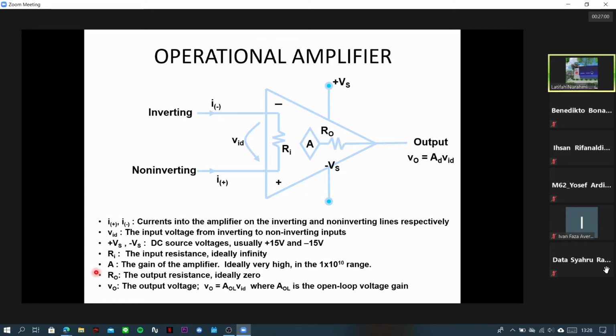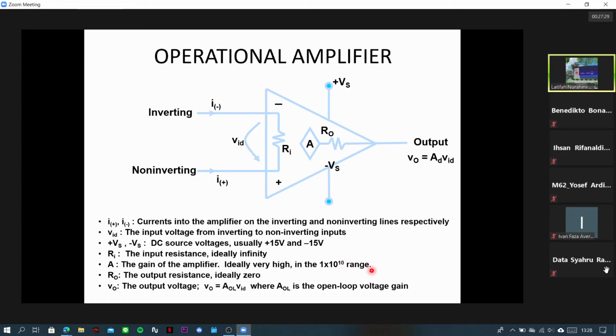What is important is A, the notation A, which defines the gain of the amplifier. From the name amplifier, it is used to amplify signals. Ideally it is very high, up to the 10 to the power of 10 range.